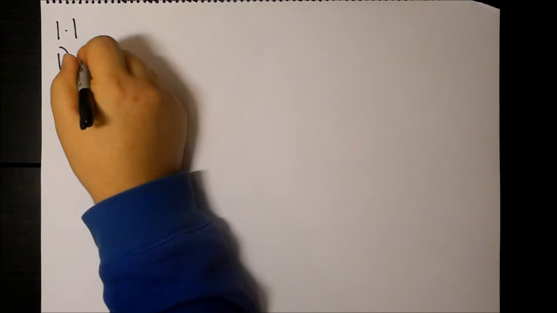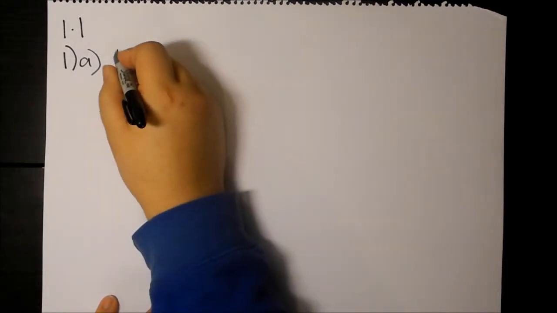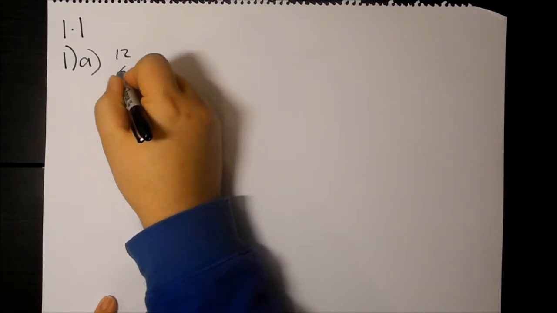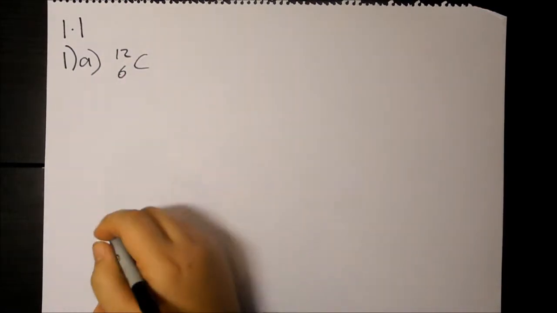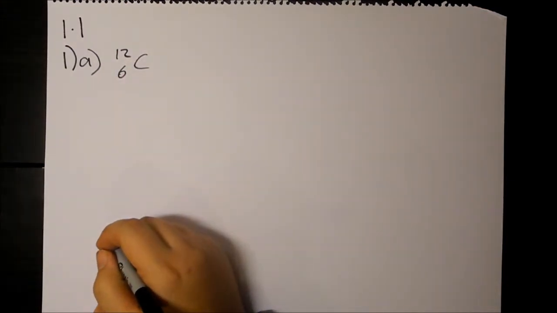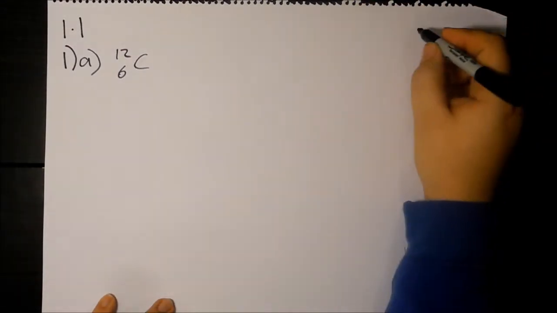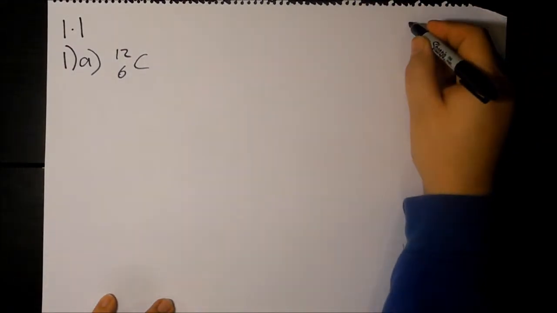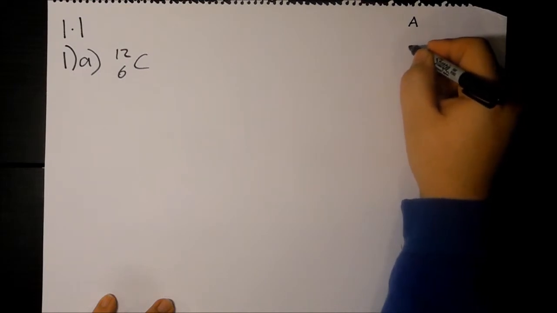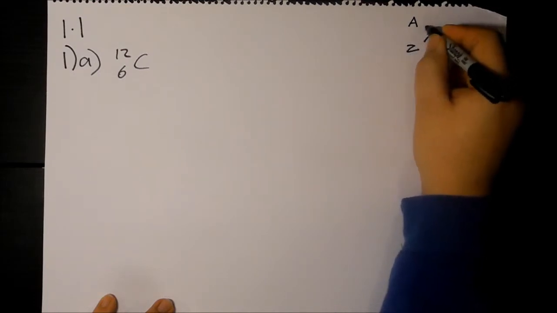Okay, question 1. Part A asks us to state the number of protons and number of neutrons in nuclei of several different elements. The first one is a carbon atom, carbon 12 and 6. We're looking to use the idea that's in the book of nucleon number and number of protons.